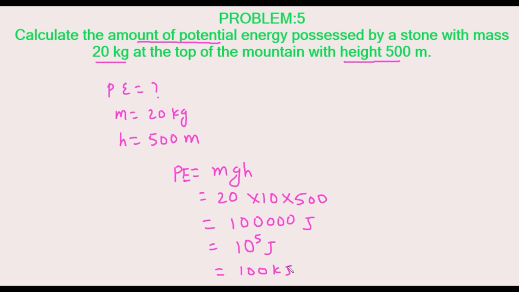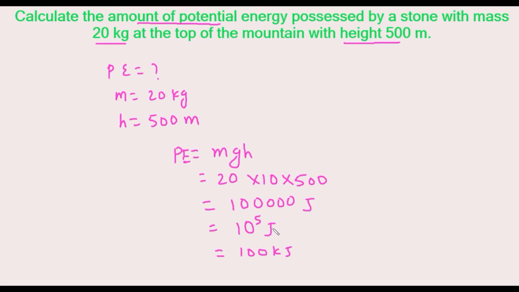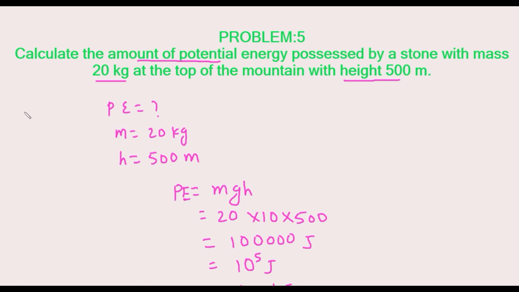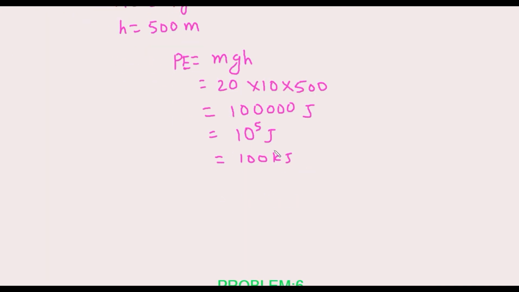So 10 to the power 5 is in joule, but if we have to convert into kilojoule, just divide by 1000. This is the required answer: the amount of potential energy possessed by a stone with mass 20 kg at the top of the mountain with height 500 meter.